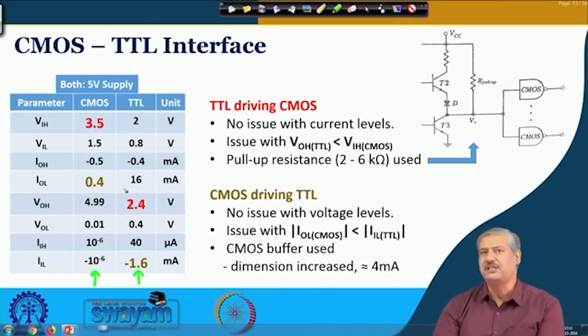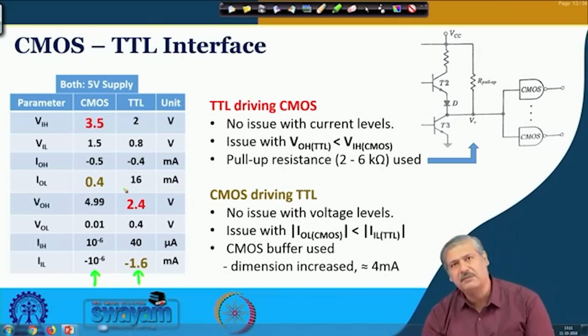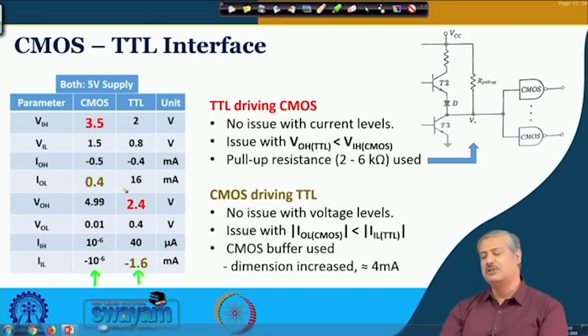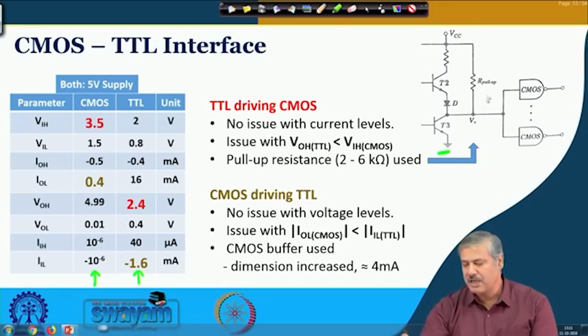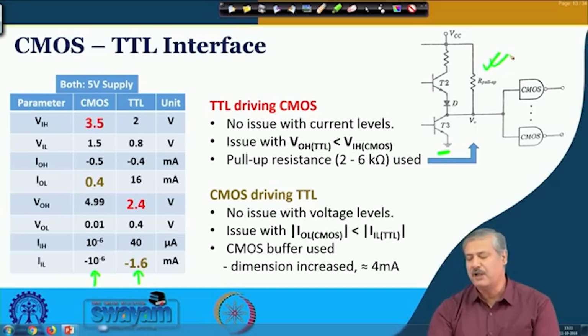Otherwise there is no issue in connecting a CMOS load to TTL. And how is it overcome? This is the TTL stage, this is the output stage. It is overcome by having a separate, external pull up resistance that you see over here, which increases this voltage level more than what you can get in normal TTL cases.